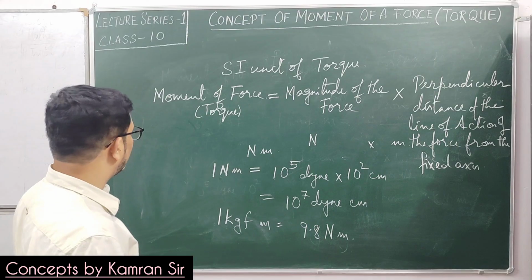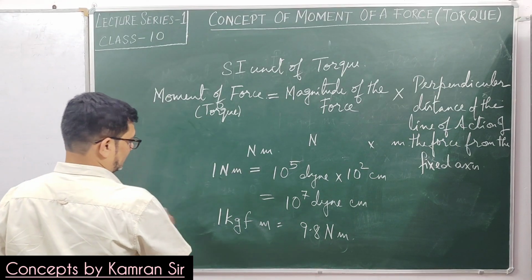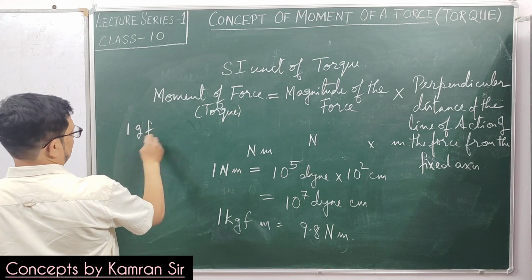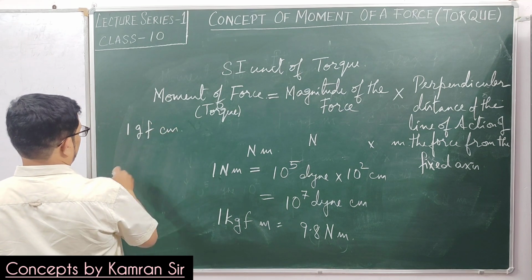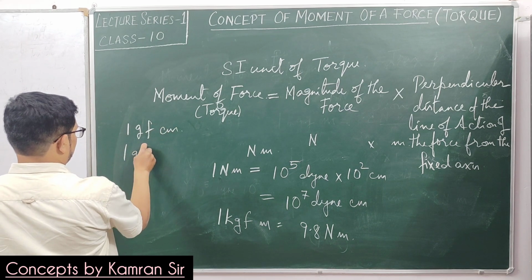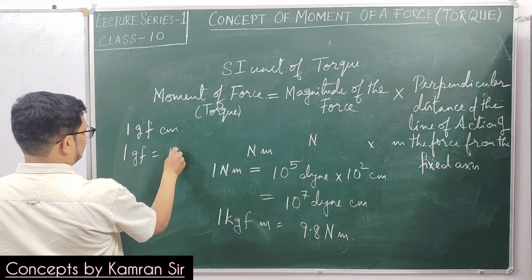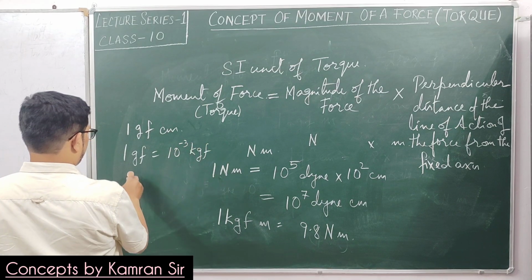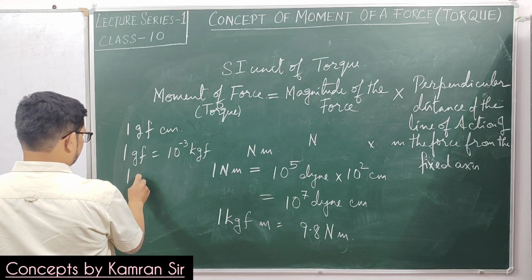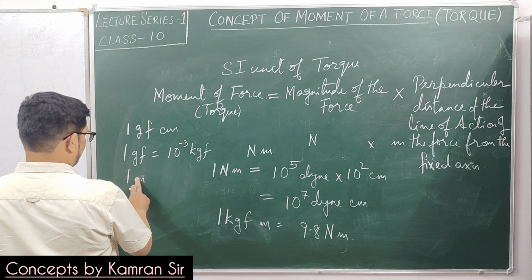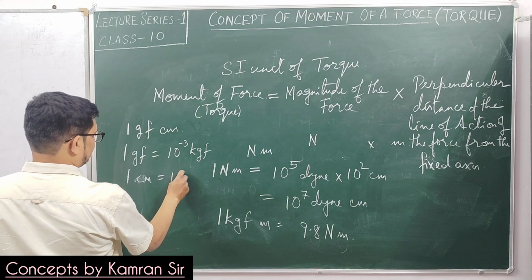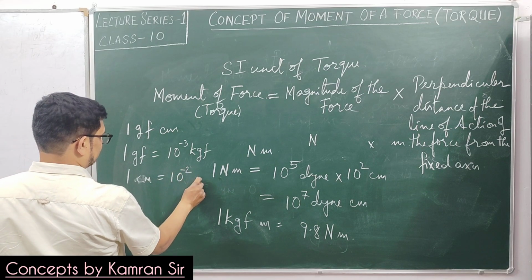You can also have another way of expressing this, in 1 gram force centimeter. We know 1 gram force is equal to 10 raised to the power minus 3 kilogram force, and 1 centimeter is equal to 10 raised to the power minus 2 meters.